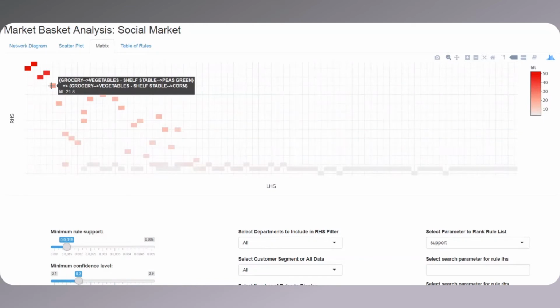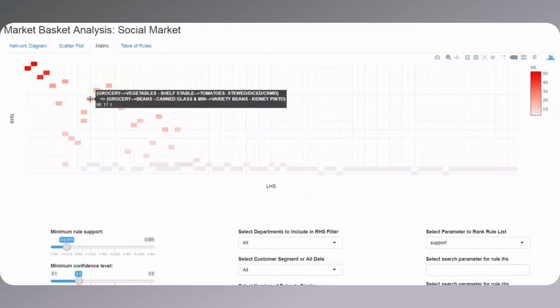So the rule that I'm highlighting here says that customers purchasing canned green peas are likely to also purchase canned corn. Now we can see that in some cases, there are items that repeat along the vertical axis. So, for example, we have a rule here that customers purchasing stewed, diced, or creamed tomatoes are likely to also purchase canned kidney or pinto beans.